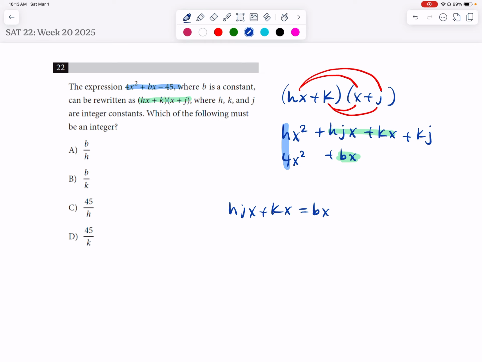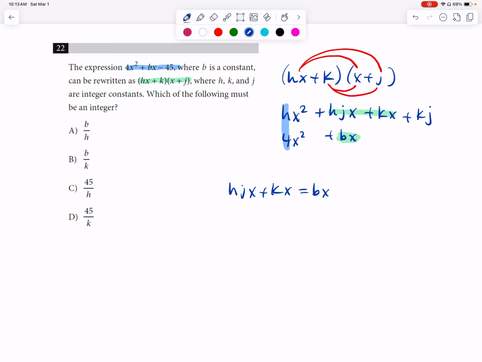I'm not going to do that. I'm just going to pull this out distributive fashion. So I'm going to pull this x out of a set of parentheses here. I'm actually going to put it on the right-hand side. Super unconventional. (hj plus k) times x would be equal to bx, which means all of this would be equal to b if I needed it.